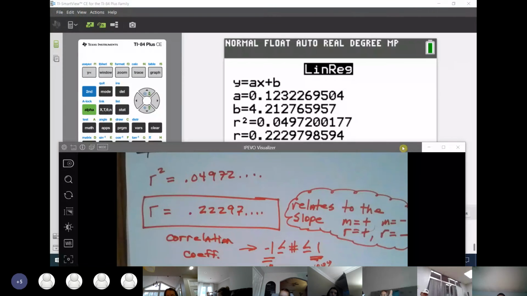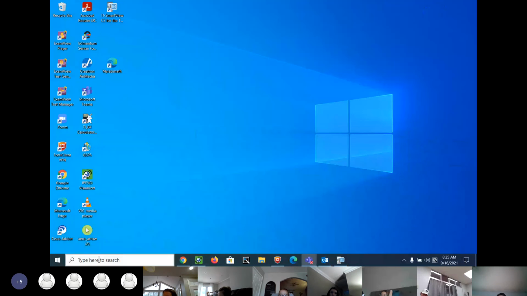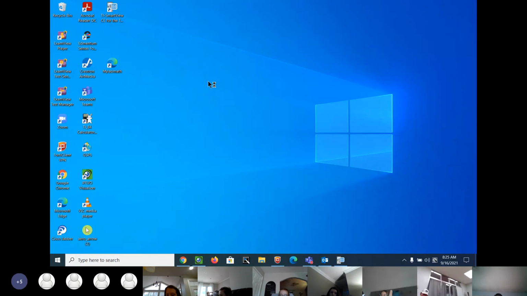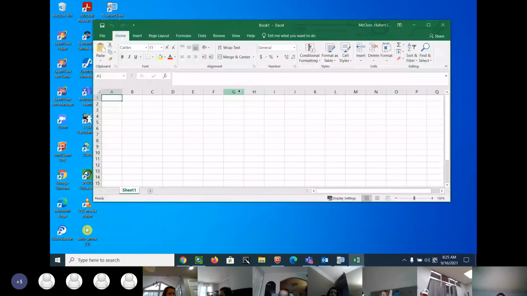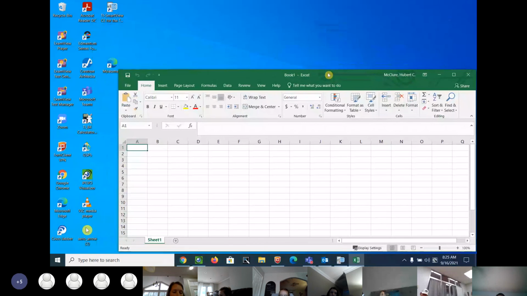All right, so that's how you do it with the calculator. Let's do it with the handy dandy Excel spreadsheet. So pull up my Excel spreadsheet. Make it small so I can pull up the calculator.